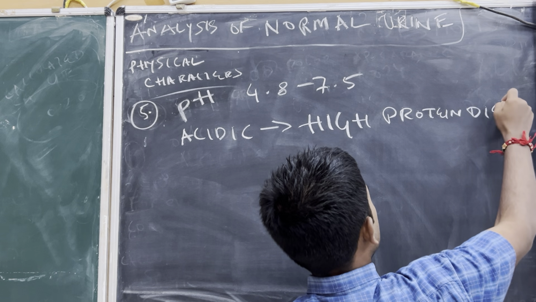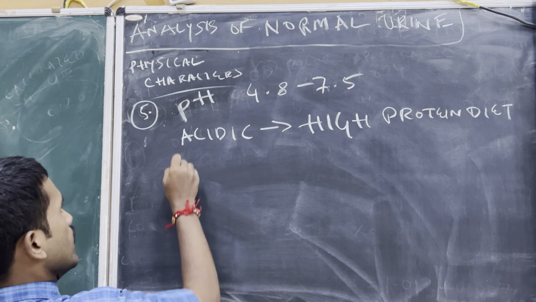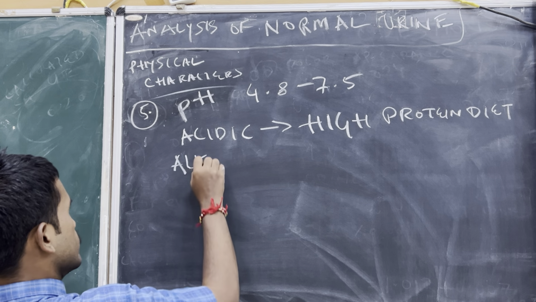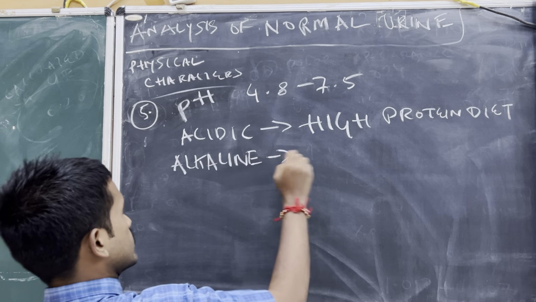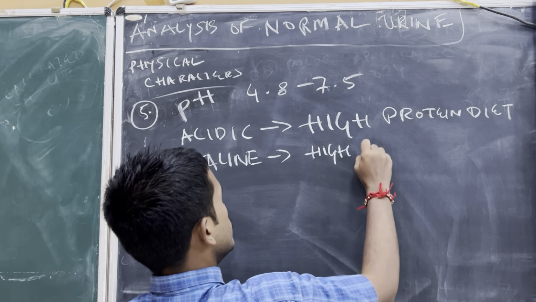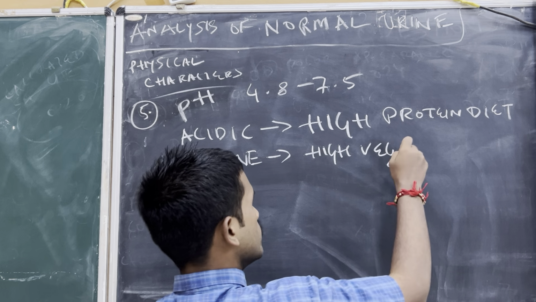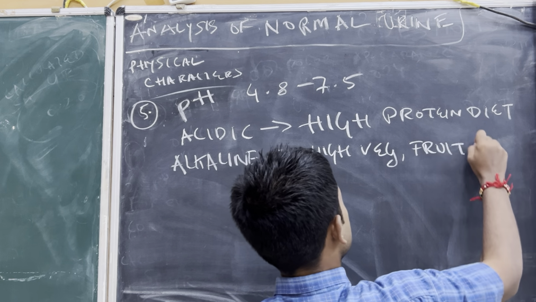If you take a high protein diet, the pH of urine will drop. And in which conditions does it become alkaline? It becomes alkaline if you take more vegetables and fruits in the diet.